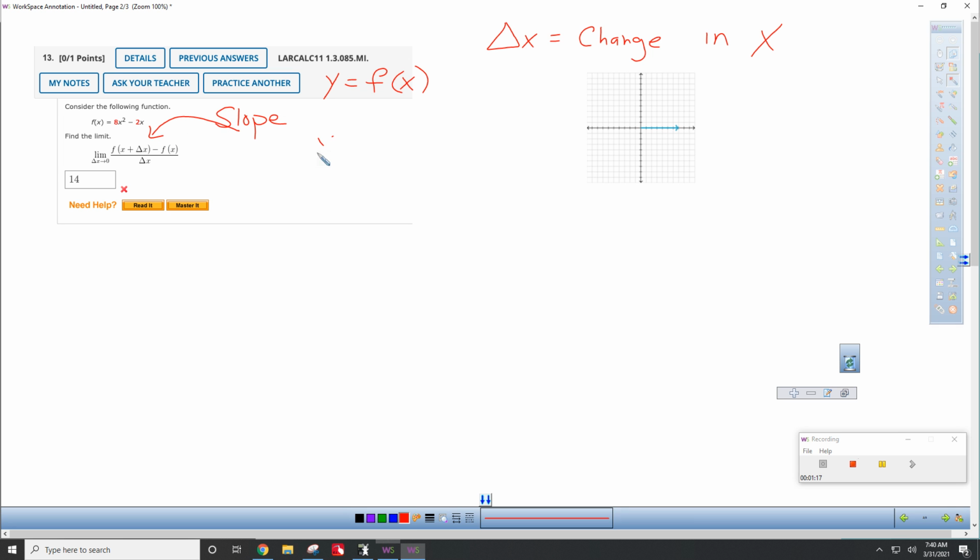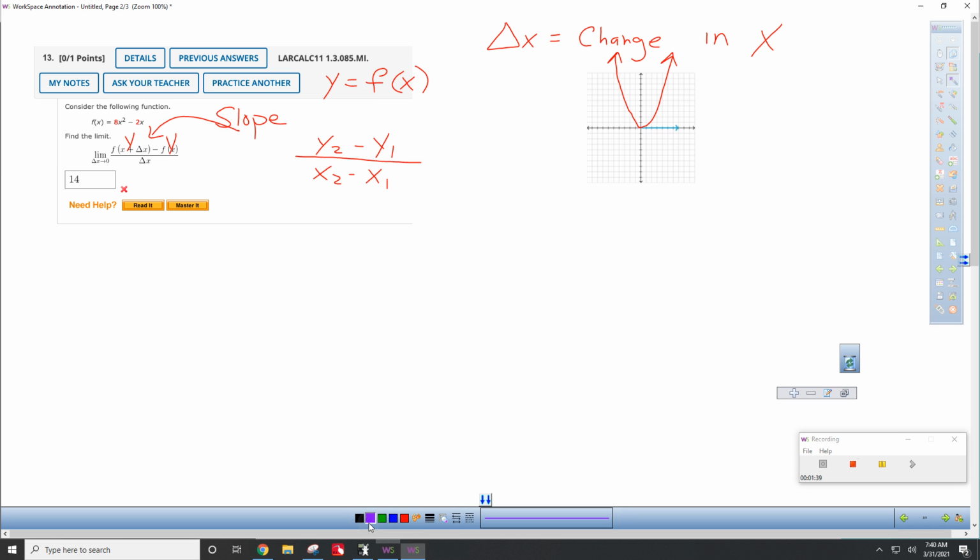That's y2 minus y1. Remember, this is a y, and this is a different y. And delta x is change in x, which, how do we find change? It's subtraction. So what you're finding here is going to be called the derivative.